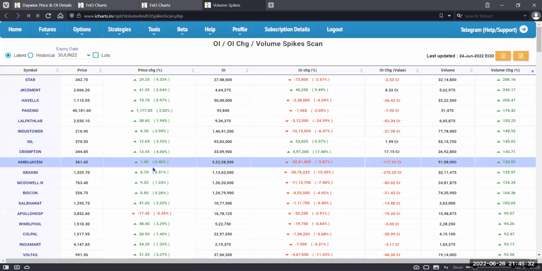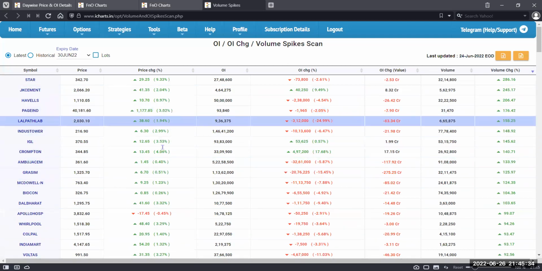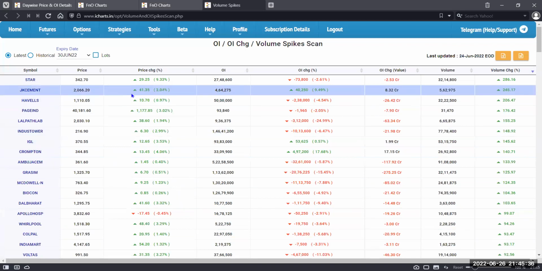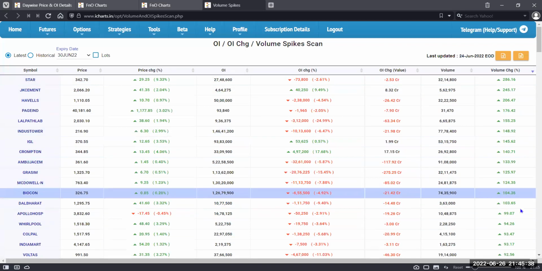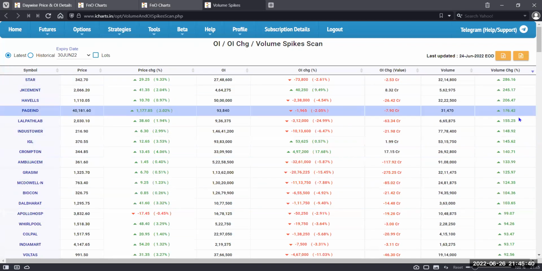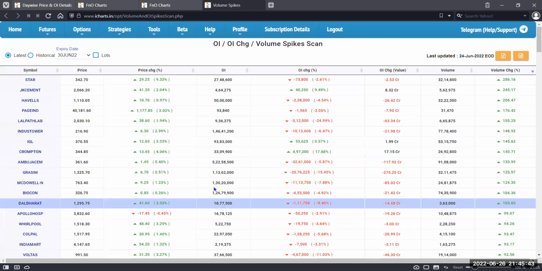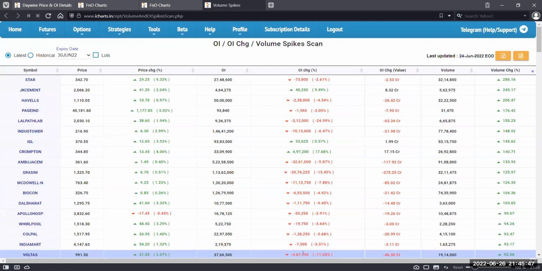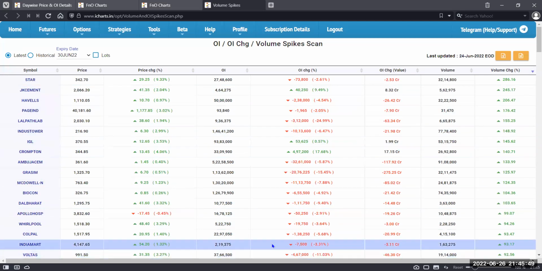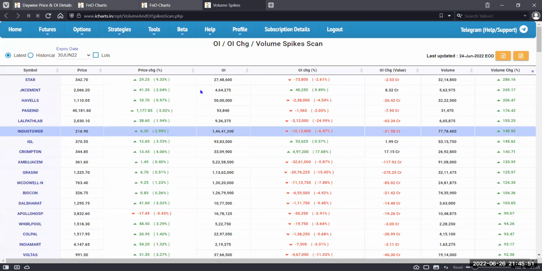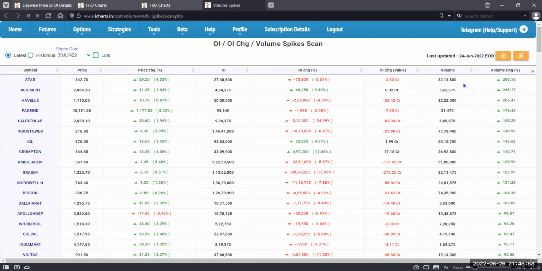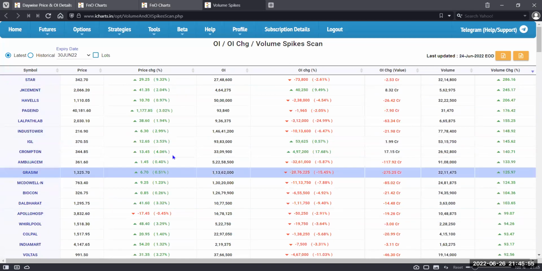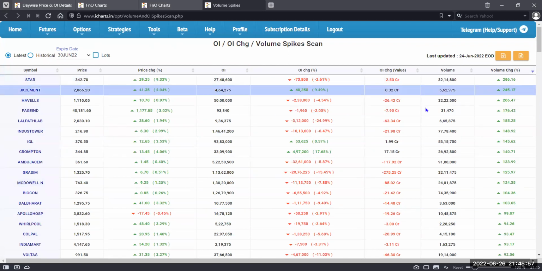Then strength is there. From Friday, there was a lot of positive price change, and lots of 100% volume changes, so double volume. Good strength was there. But OI change was negative. So this was all short covering. This tool will give you some idea of the strength of the market.